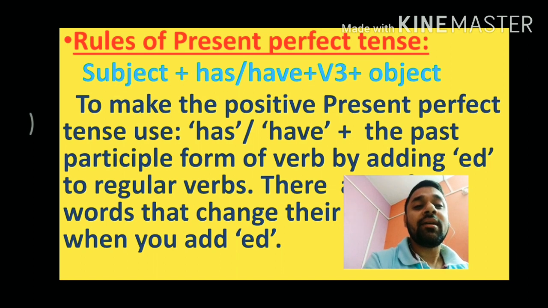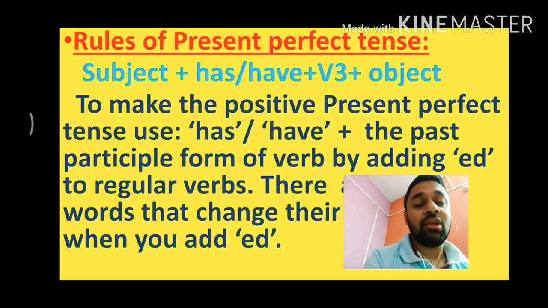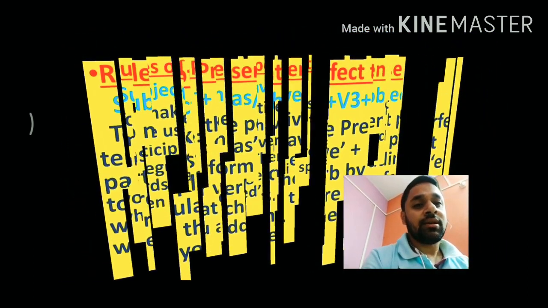So to make the positive present perfect tense, use has or have and then the past participle form of the verb, by adding ed for the regular verb, and for the irregular verb we have to learn.